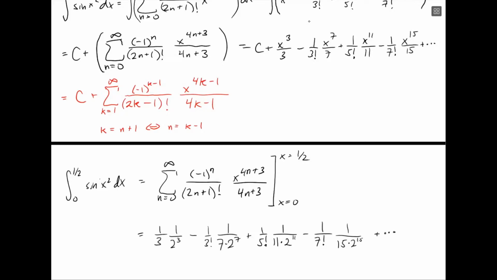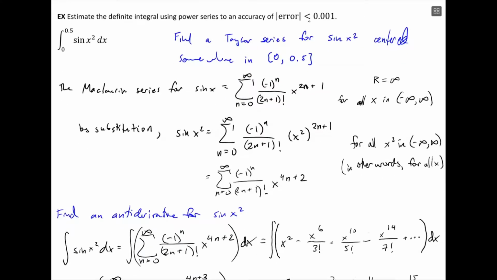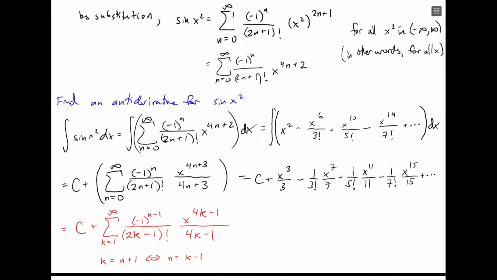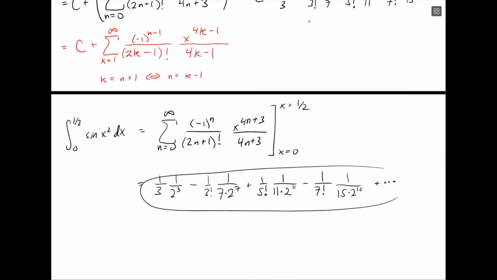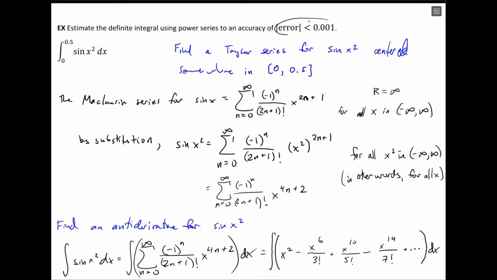If we were able to sum that and find the limit, we would be able to evaluate this thing. But remember, we don't know what formula this is. That's why we're doing power series in the first place. We don't have any better method than just approximating. So we're going to approximate this so that the error is less than 0.001.